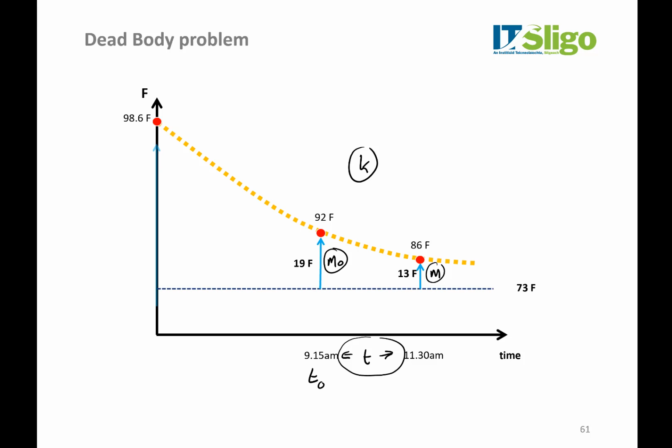So what we want to do is work out how long before T0 the body was at this temperature. Again, we're not interested in 98.6. We're interested in the temperature above ambient. So we're asking when the body was at this temperature above ambient. But again, we have to calculate K first.